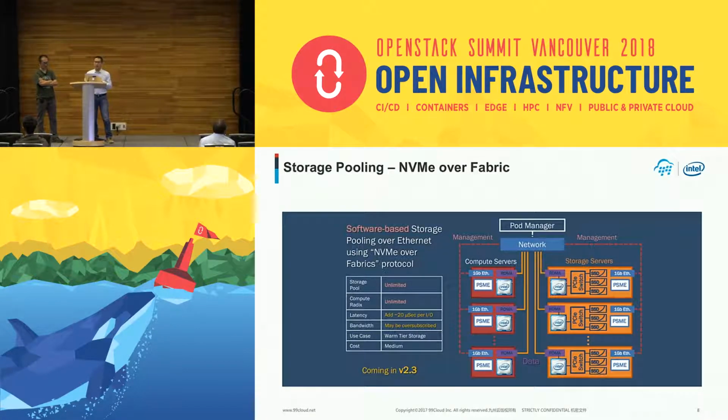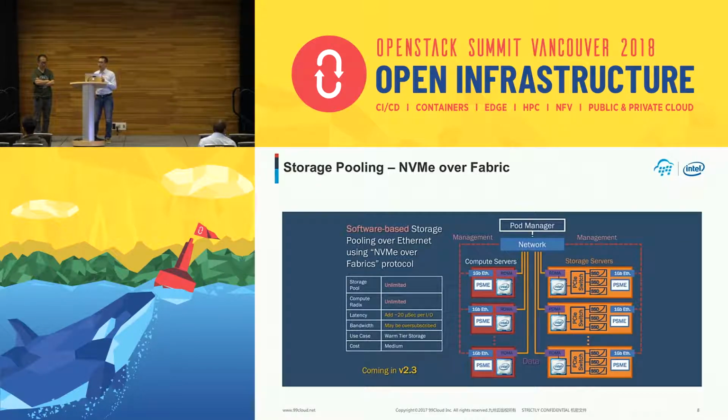If you have a large data center, and you would like to attach NVMe from another rack which is located very far away, then you can use the NVMe over Fabric implementation. In this implementation, there are two methods actually. One is based on software.